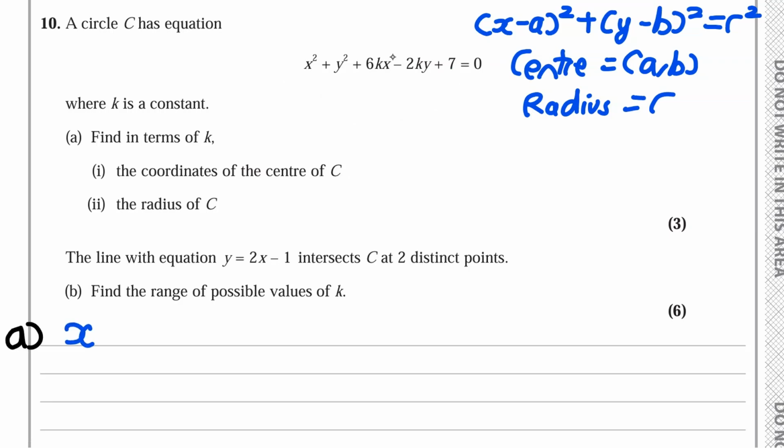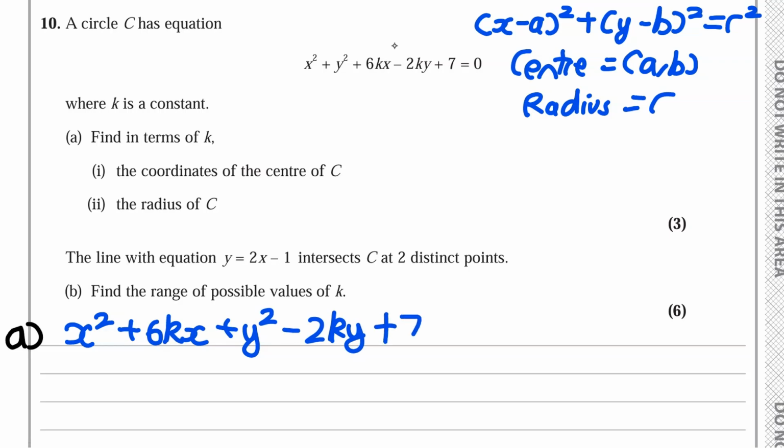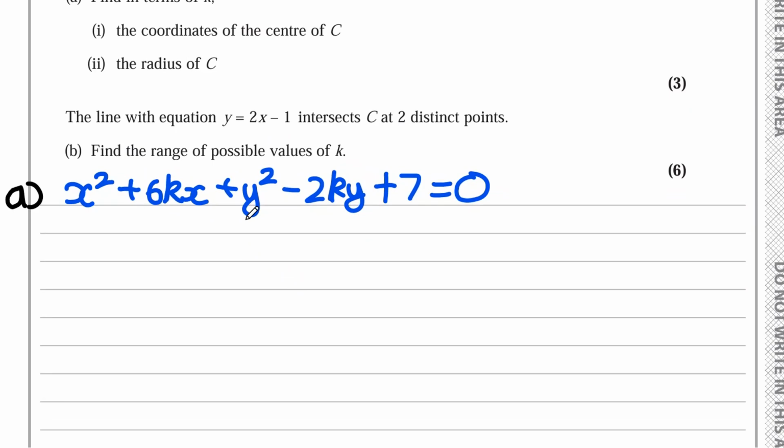So it's x squared, and then we have this 6kx, and then it's plus y squared, and then we've got this minus 2ky, and then we've got this plus 7 on the end, and this is equal to 0. So we've grouped the x terms and the y terms together, so we need to complete the square on both of them. Okay, so let's start with the x squared plus 6kx.